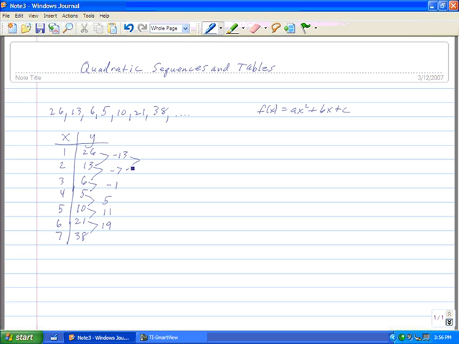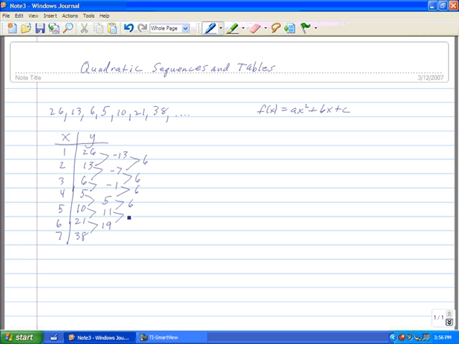But if we look, we see that 7 take away negative 13 is a change of 6. Negative 1 take away 7 is a change of 6. 5 take away negative 1 is a change of 6. 11 take away 5 is a change of 6.